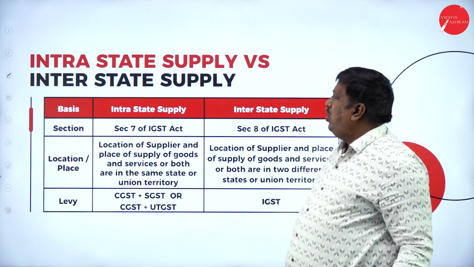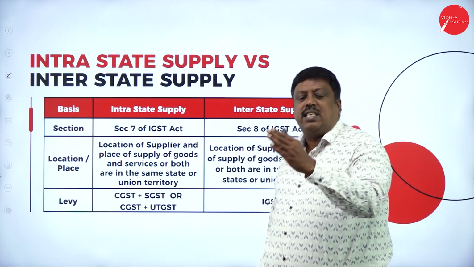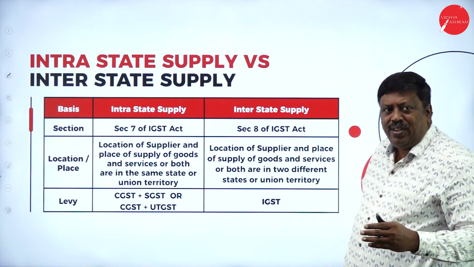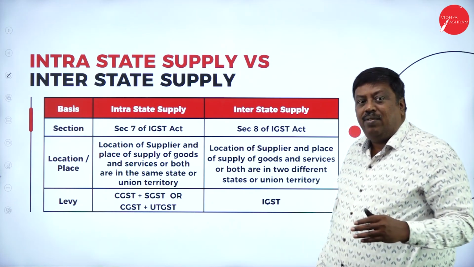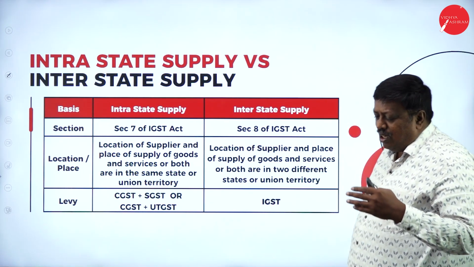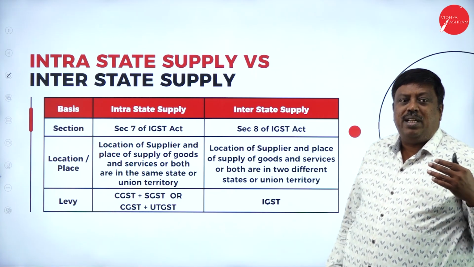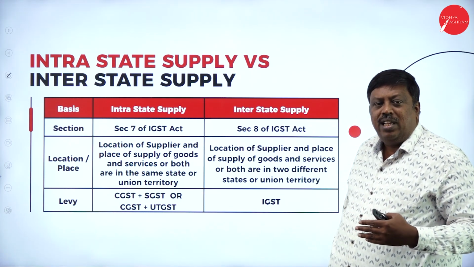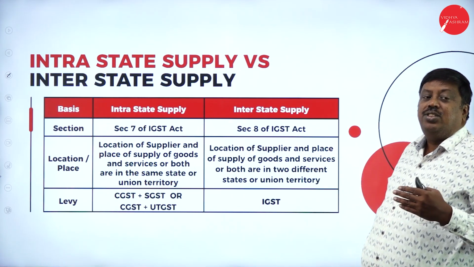The first part we are taking here is intrastate supply versus interstate supply. If you understand this, the calculation of GST will be very easy, and it also supports your business concepts: what rate has to be levied, how much you are going to levy, and which type of tax has to be charged.